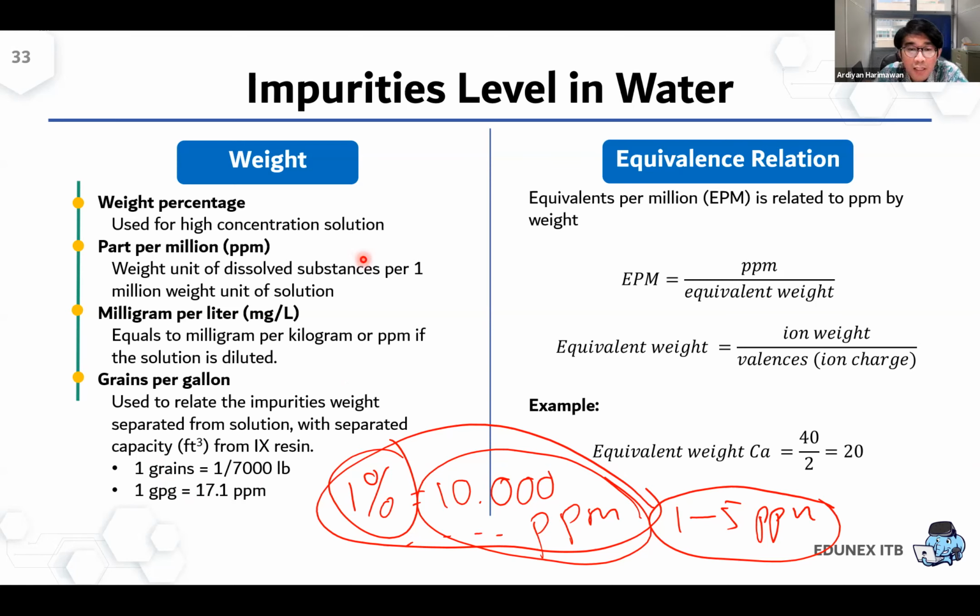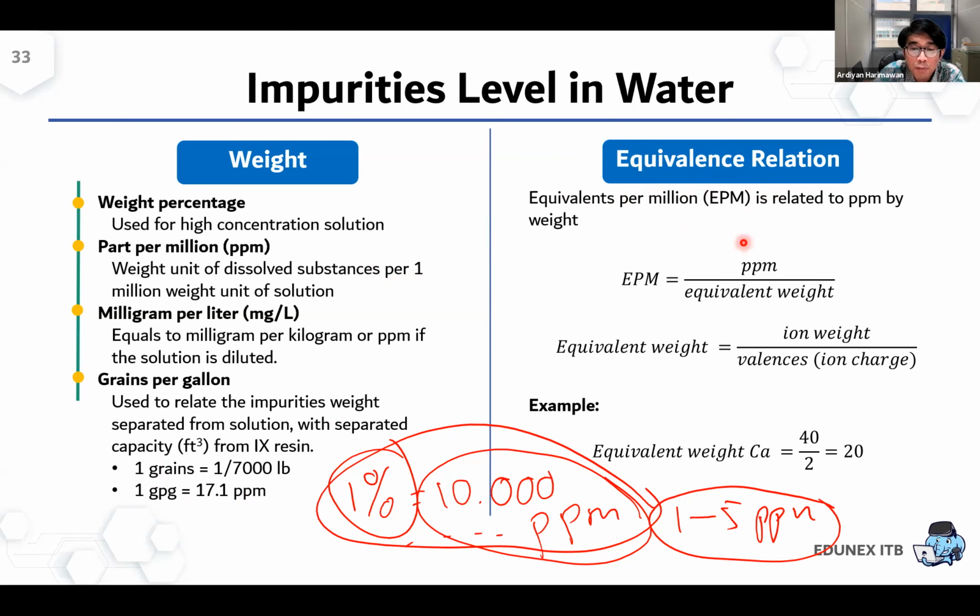Okay, how about calculating the hardness or the alkalinity? We have calcium and we have magnesium. Calcium and magnesium are two different cations, right? So if you want to take into account both cations and sum them, dan dijumlahkan, the calculation of total hardness basically uses equivalent per million, the equivalent per million of the component.